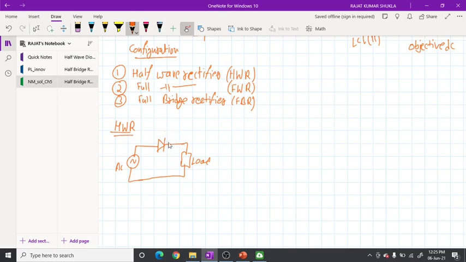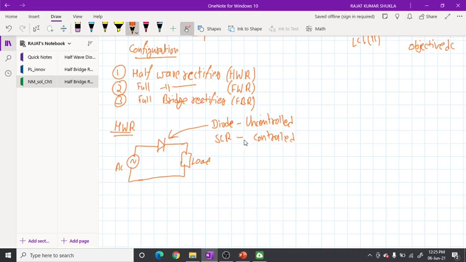If I am using a diode, you will say this is the uncontrolled type. If I am using an SCR, then you will say this is a controlled type.